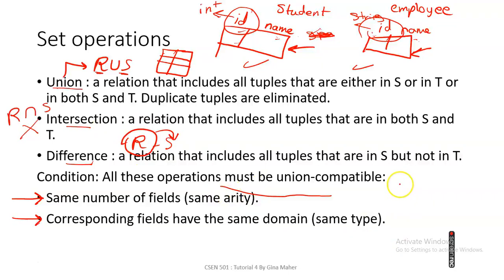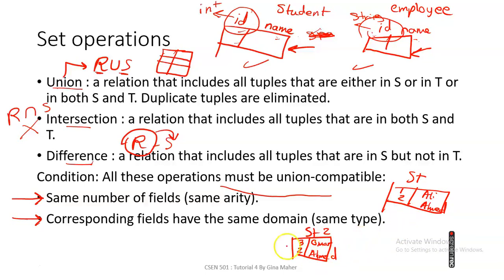Assume that we have a relation student 1 with tuples 1 Ali and 2 Ahmed, and another relation student 2 with 3 Omar and 2 Ahmed. So the intersection between both is this tuple, which is 2 Ahmed.